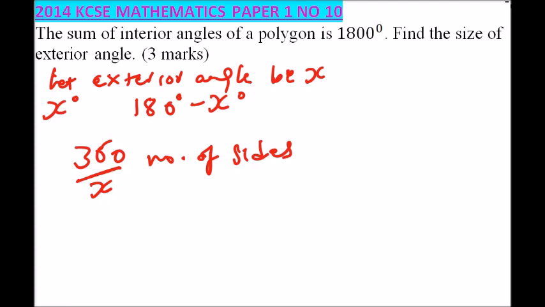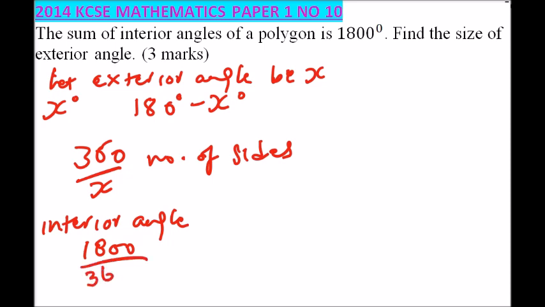Once you get the number of sides, to get the interior angle, we say it is the sum of the interior angles divided by the number of sides, which is 1800 divided by 360 over x. That is equivalent to the interior angle we had given here, that is 180 minus x degrees.